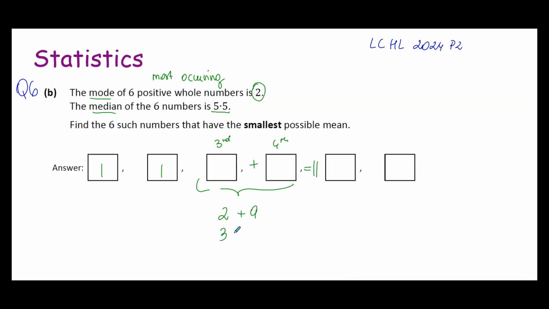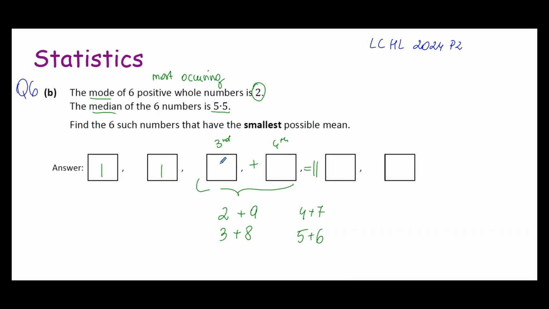Then the next one is 3, obviously, and 8 will give me 11. Then 4 and 7 will give me 11. And 5 and 6 will give me 11, because if I go 6, the next one cannot be 5, because again, they are in order. So those are the only 4 options that I have to fill in.